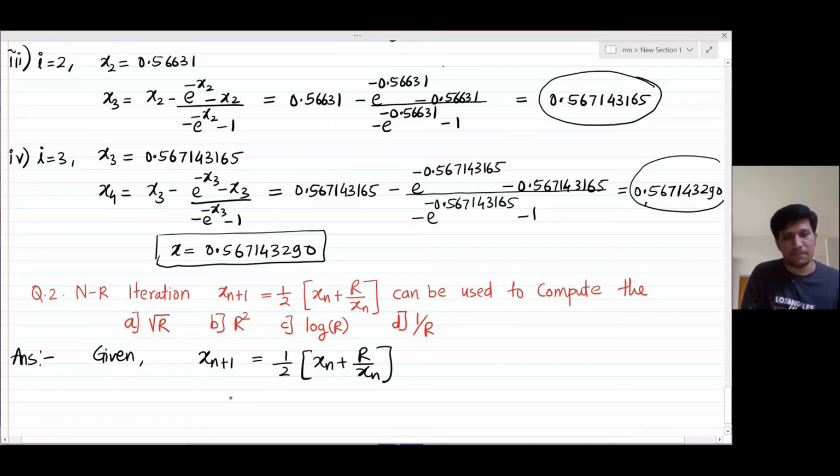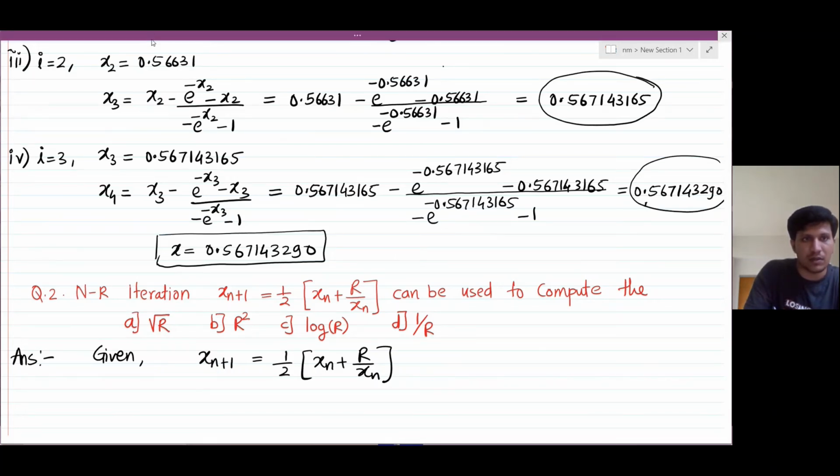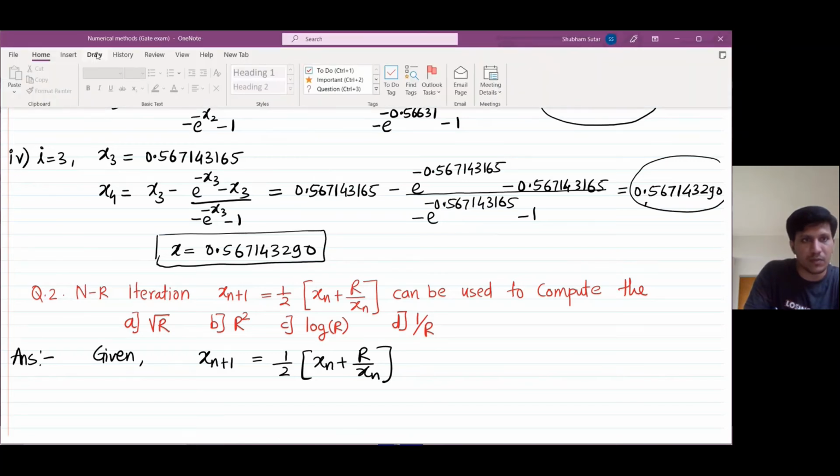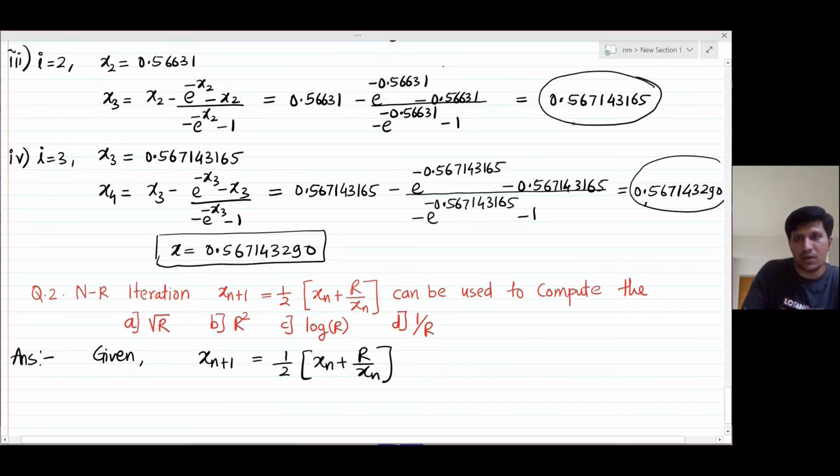As we saw in the above example, we stop the iteration when the estimated roots are nearly the same, that is x3 and x4 in this case are nearly the same. Look at that, here x3 and x4 are nearly the same. Then we stop the iteration.